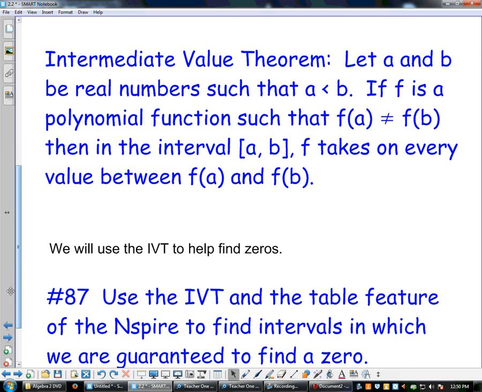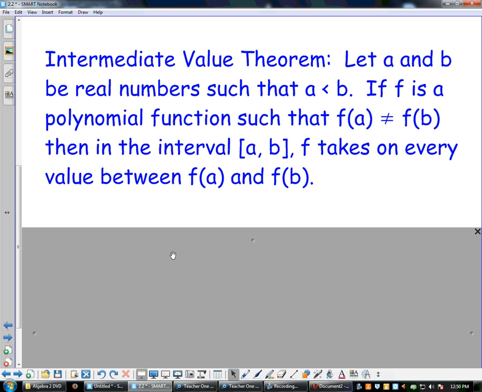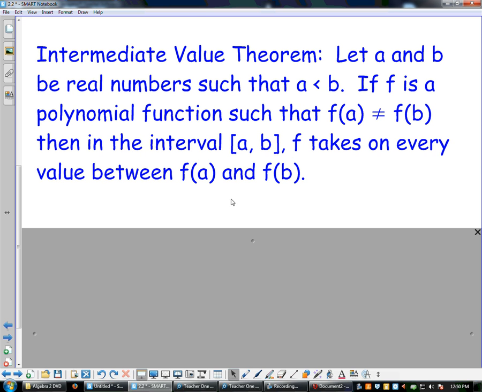Here's what the actual theorem looks like. Theorems like this will be quite commonplace in calculus. Theorems that have a lot of words and some symbols and so forth, and you're going to need to make sense of it.